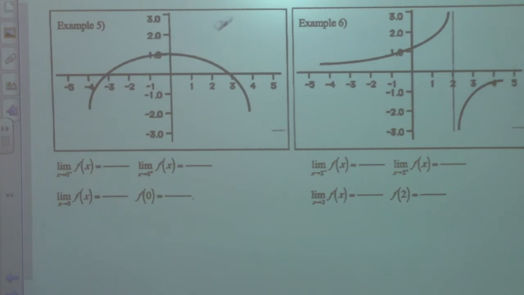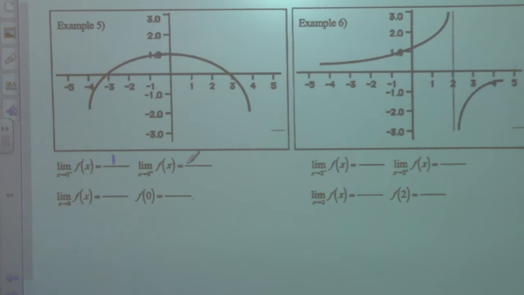Okay, next we have this one here. The limit as x approaches 0 from the left side looks to be 1.